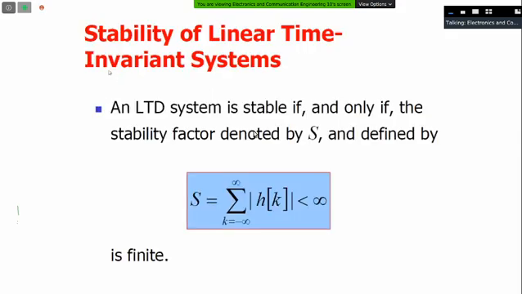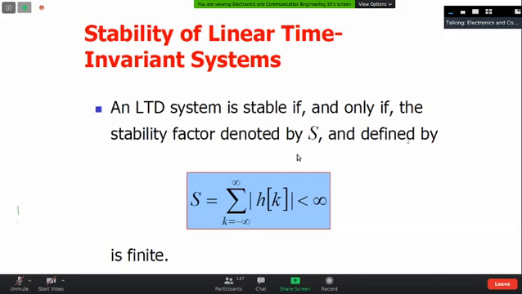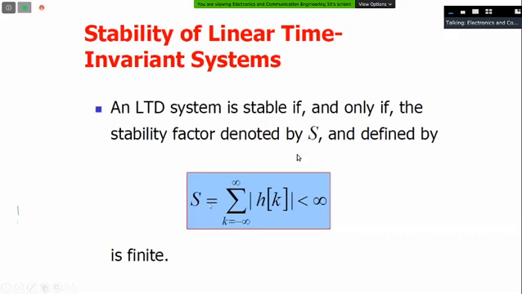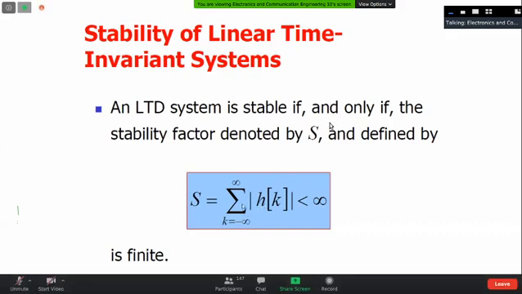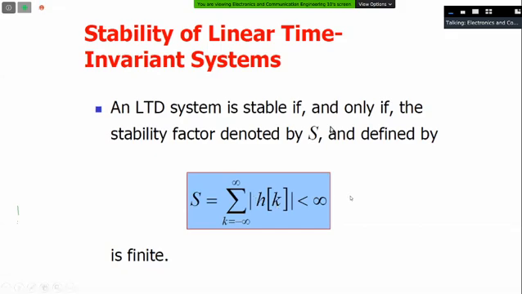Now let us look at the stability of linear time invariant systems. We have to check for the stability of the system. A system is stable if and only if the stability factor, denoted by S, which is the summation of the mod of the sequence for k going from minus infinity to infinity, is less than infinity.